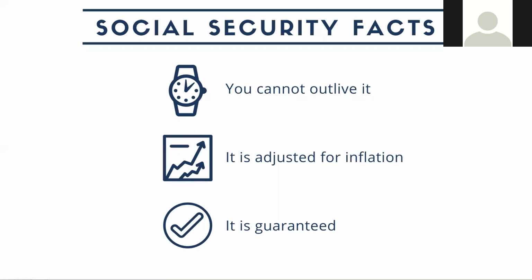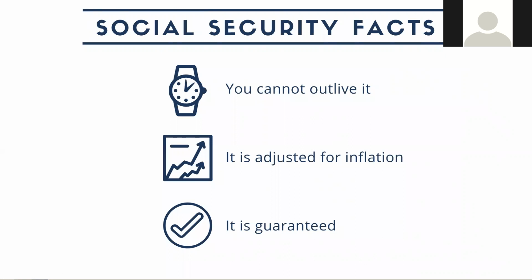And so here, to me, these three bullet points really summarize just how important Social Security is, because for most retirees, Social Security is going to be their only source of guaranteed retirement income that they cannot outlive, right? It's going to pay them for the rest of their life, regardless of how long they live, that also has some form of a COLA, or cost of living adjustment, right? It keeps up somewhat with inflation.